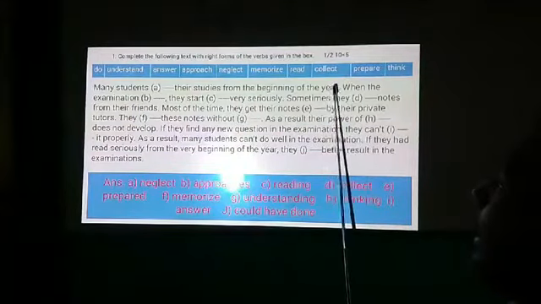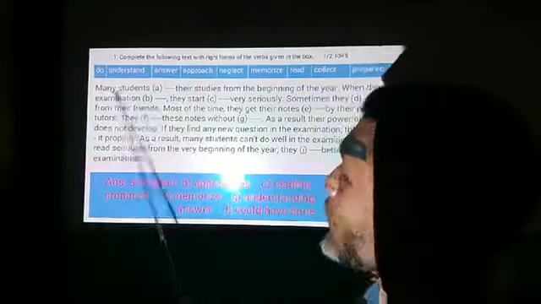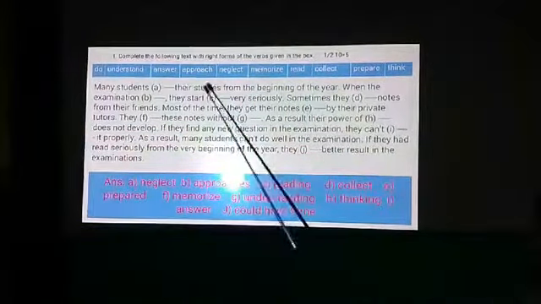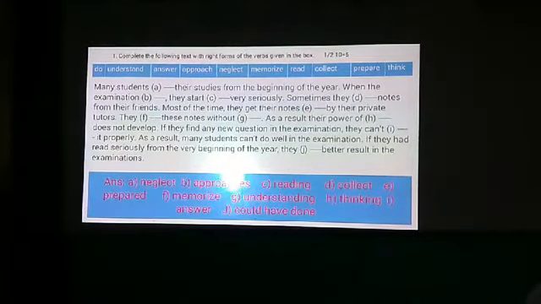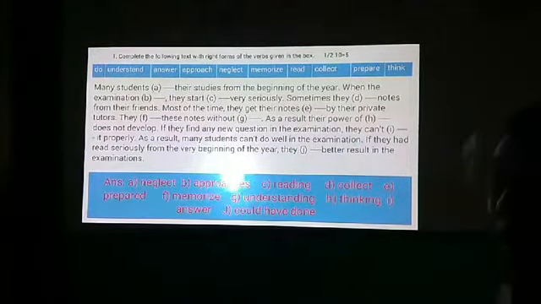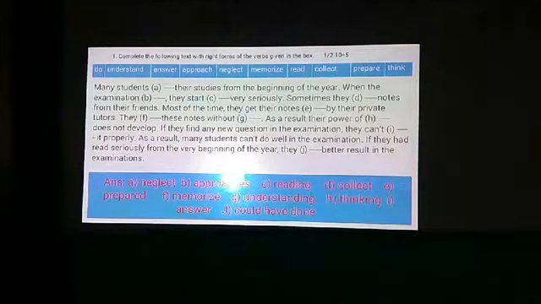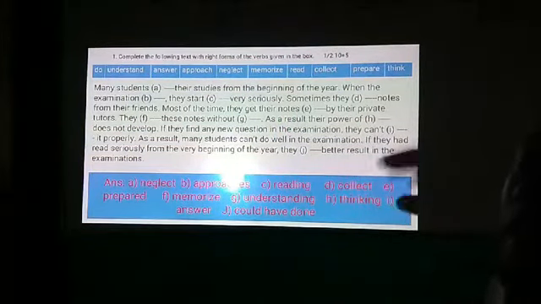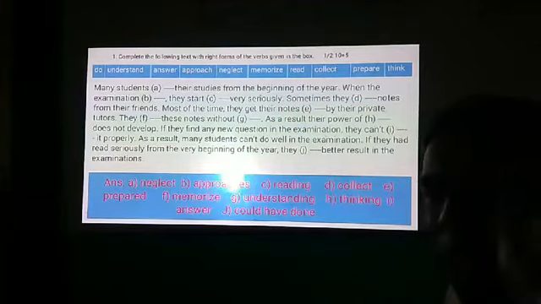Dear students, now I can understand this is a habitual fact. So as a habitual fact, the tense will be present indefinite tense. Okay, it's okay. Again I have to check whether my sentence is in active form or passive form. Then you will be sure that your answer is right.